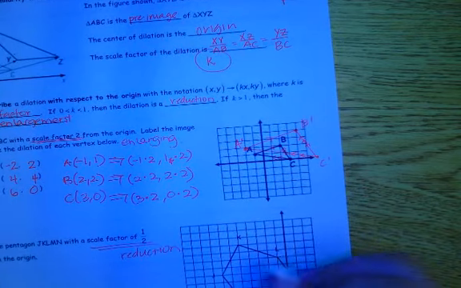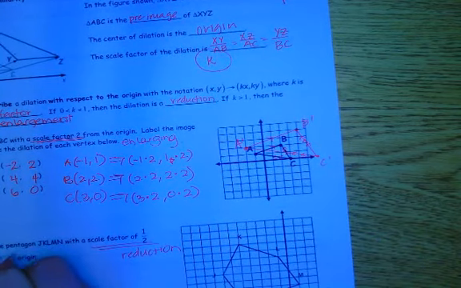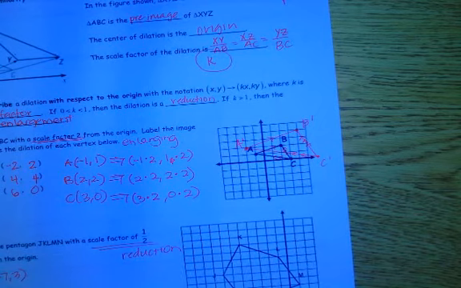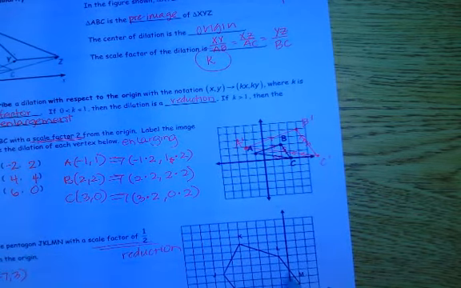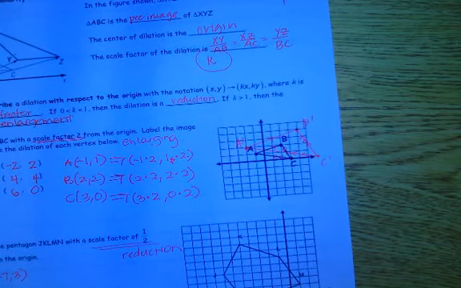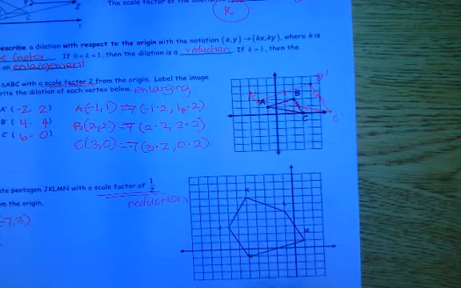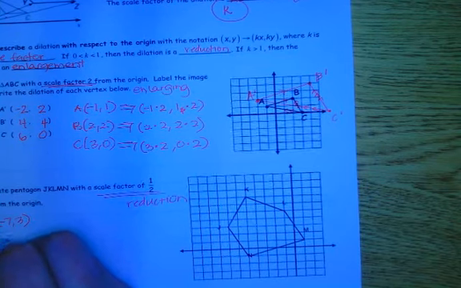Yeah, I think it's 7. Negative 7, 3. Where is K? I'm counting 7. 1, 2, 3, 4, 5, 6, 7. K, what's K? Negative 5, 7.